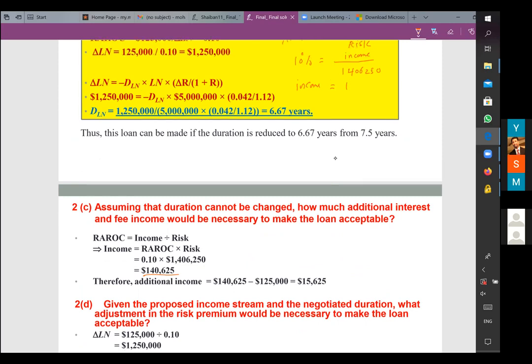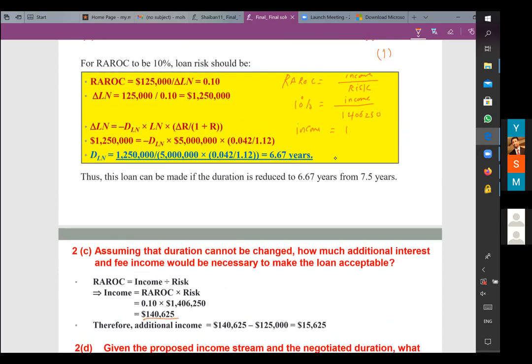So if I increase the income and solve for the income, as I told you, the RORAC equals income over risk, and I find it to be 1.4. This is the income I should have as fees and as spread, 140,625.